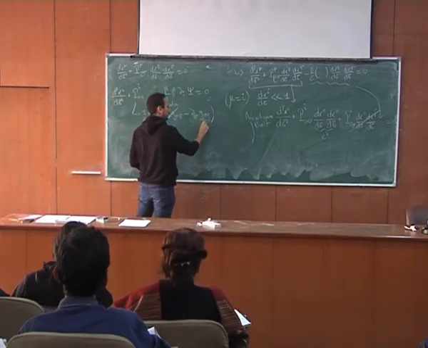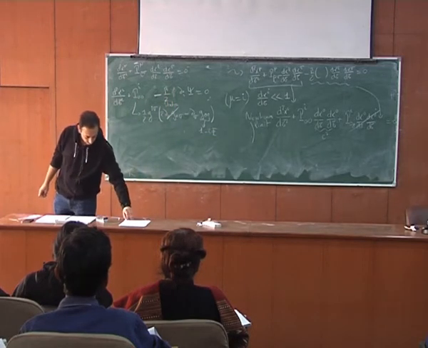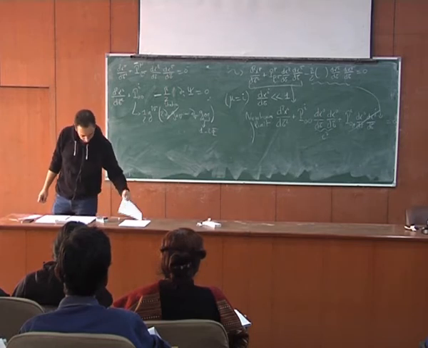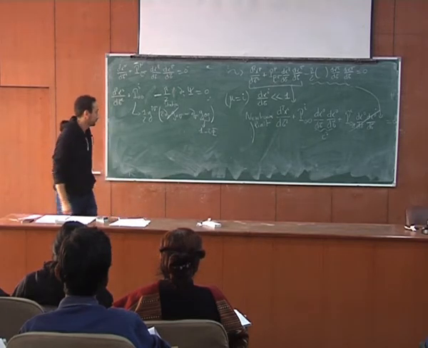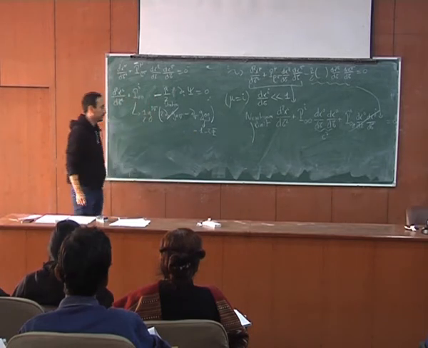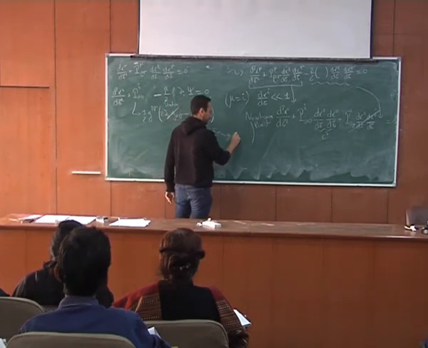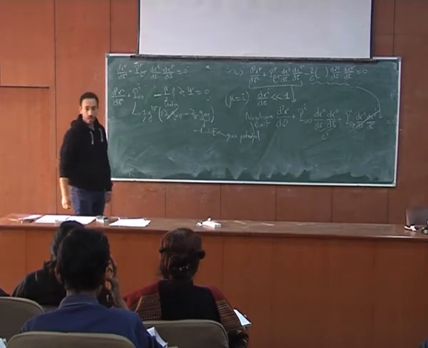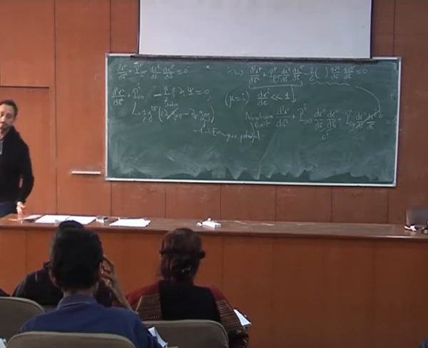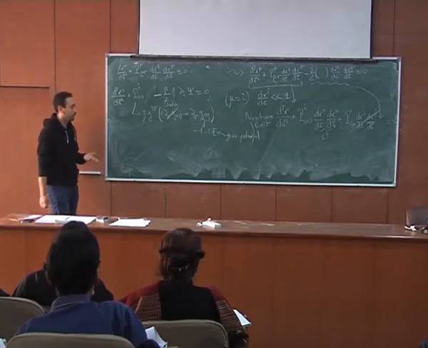And this is 1 minus 2 phi, or 1 plus 2 phi. Sorry, minus 1 minus 2 phi. Okay, and this is the gravitational potential. I don't know if it is clear or not. So this is the standard way to recover the Newtonian limit.